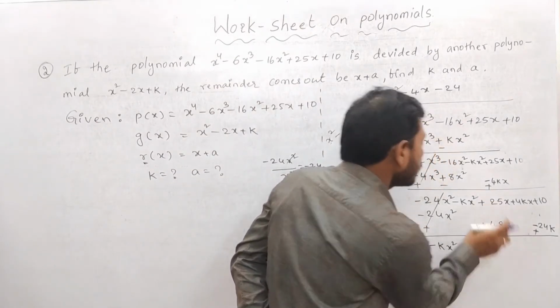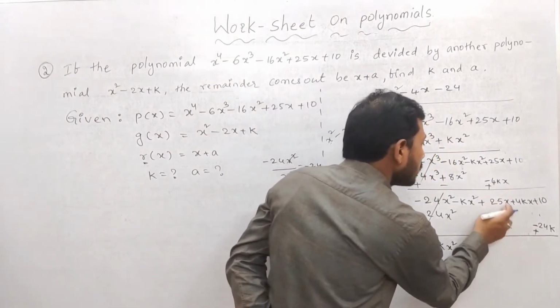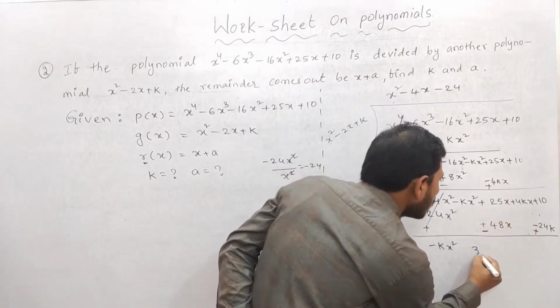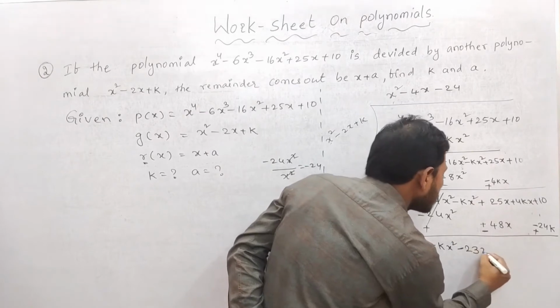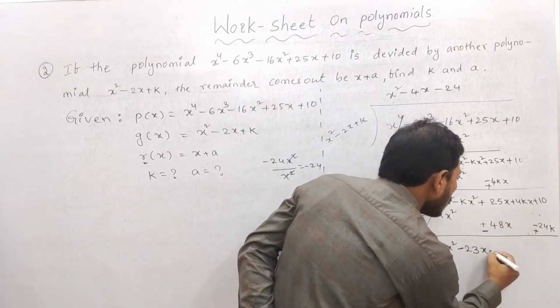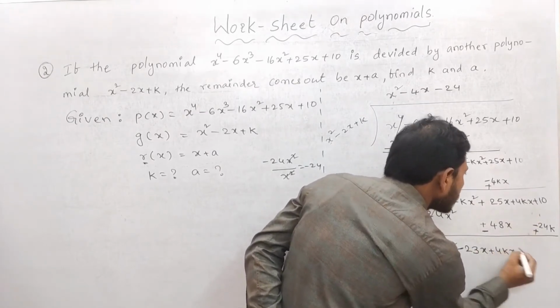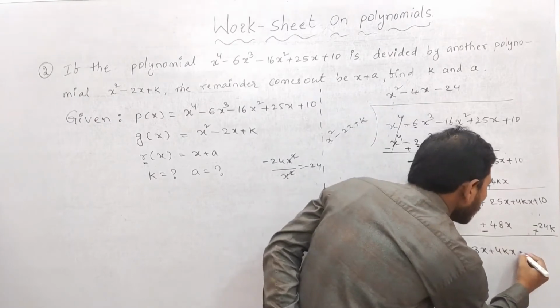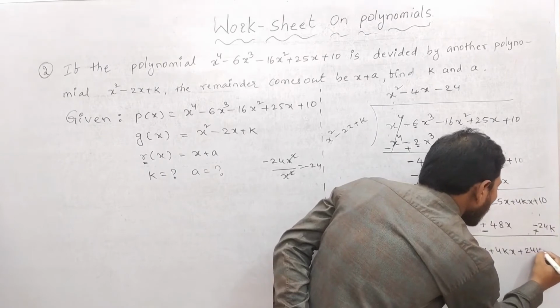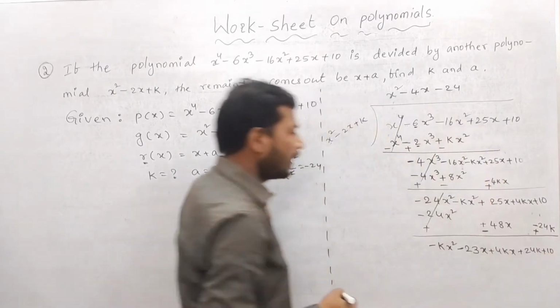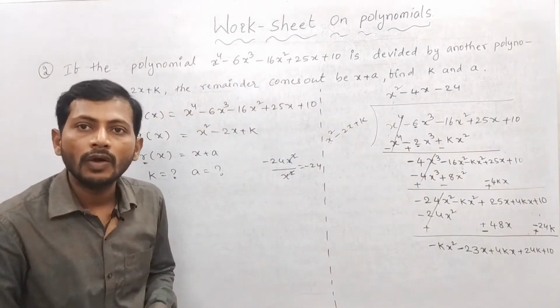Minus 48 plus 25, which is minus 23, then x. Very good. Next what is there? Plus 4kx plus 24k plus 10. 24k plus 10.